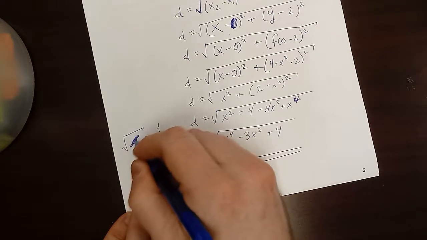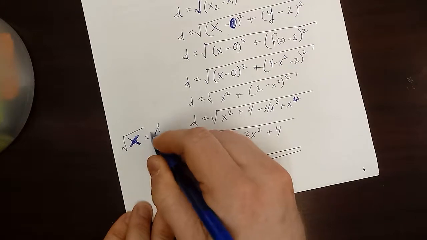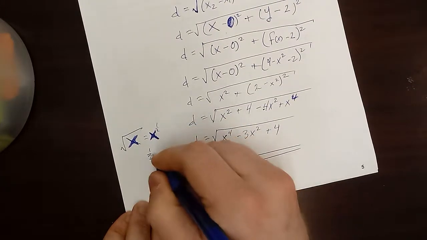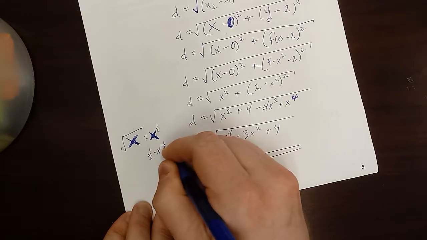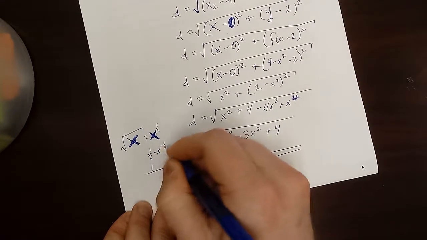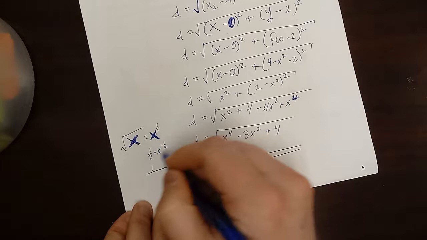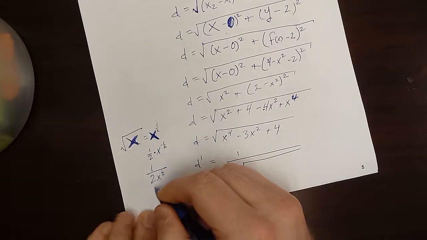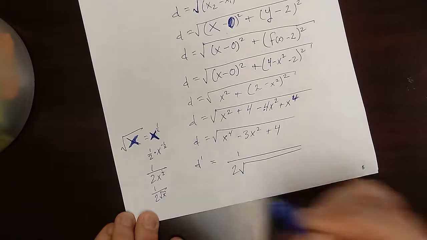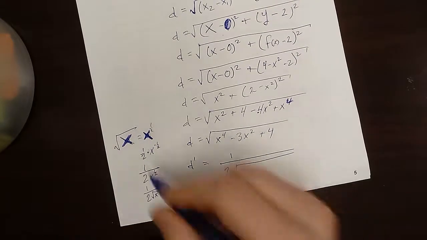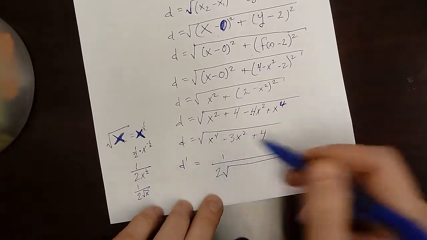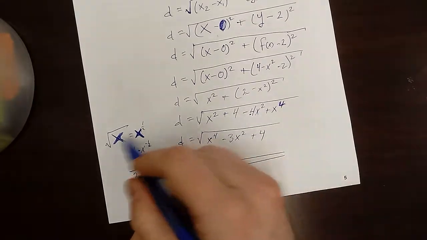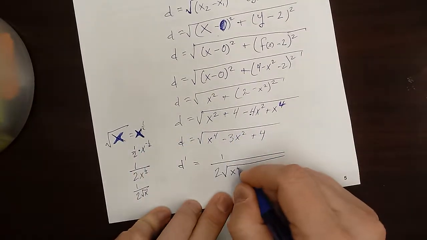So then we bring the 1/2 out front, times x to the negative 1/2. And the shortcut, cleaning that up, would be 1 over 2 x to the 1/2. Clean it up even more, 1 over 2 root x. So that's all I'm doing here. I've done that so many times, I'm used to how that's going to look. But it's not x this time, so make sure we put the whole expression in there.